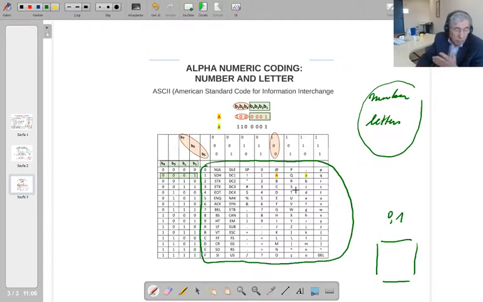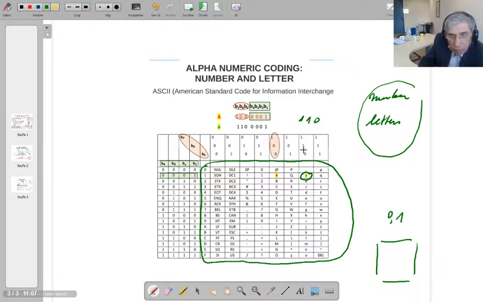This is just one standard. It is called American Standard Code for Information Interchange, ASCII. It is a commonly used one. How you're going to write any symbol in binary by using this table is easy. Assume that you're going to write the symbol small a. You're going to write this column code first, that is 110.